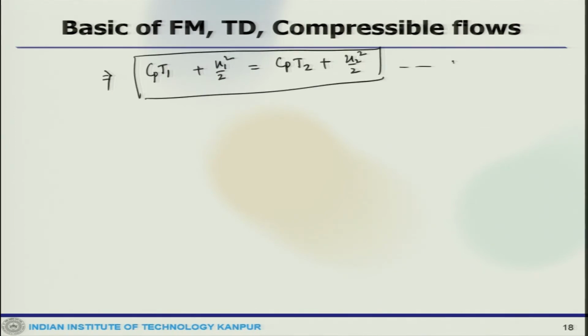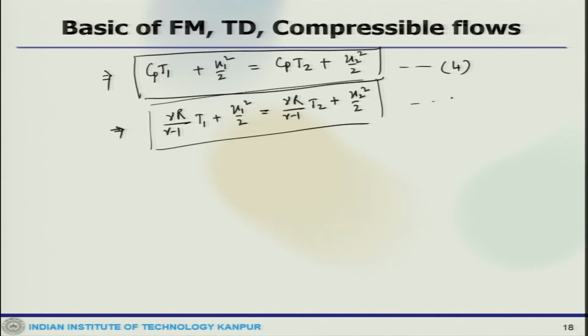So, that is, let us say, equation number 4. Alternatively, one can write gamma R by gamma minus 1 T1 plus u1 square by 2 equals gamma R by gamma minus 1 T2 plus u2 square by 2, which is equation number 5.